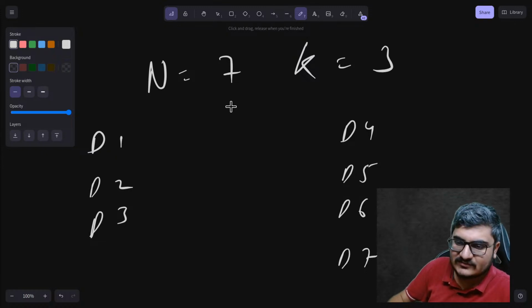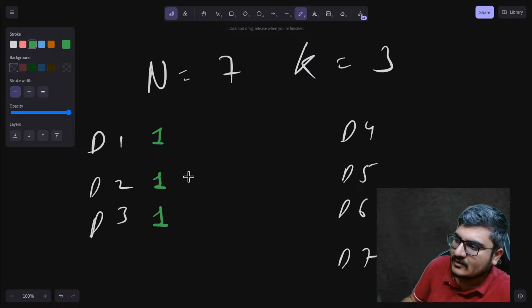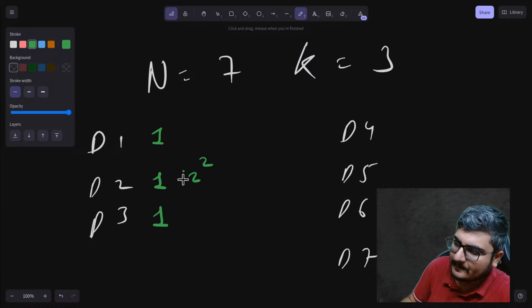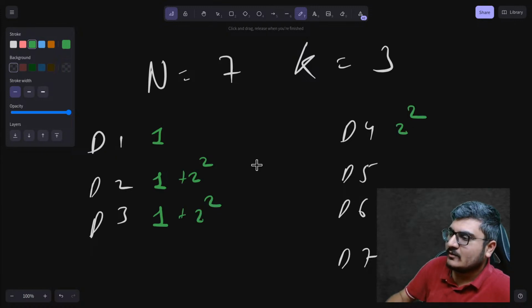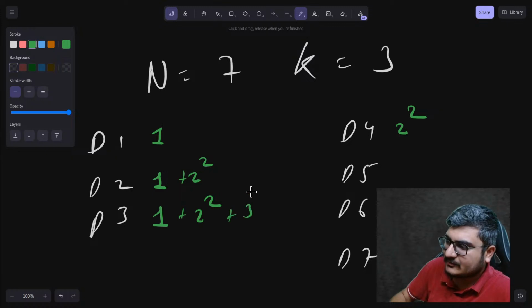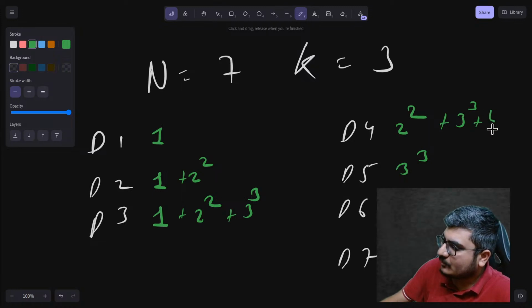Every leaf lasts for k days. So on day 1, we will plant one leaf and it will last for 3 days. On the second day, we would plant 2 to the power 2 leaves, which would be 4, and they will again last for 3 days. On the third day, we will plant 3 to the power 3 leaves. On the fourth day, 4 to the power 4 leaves.